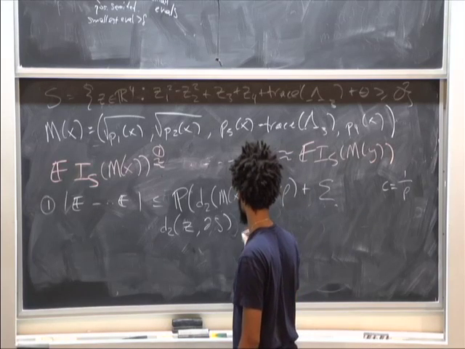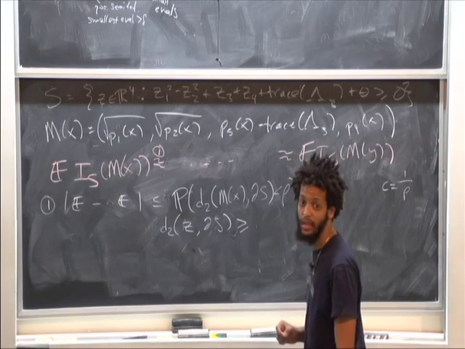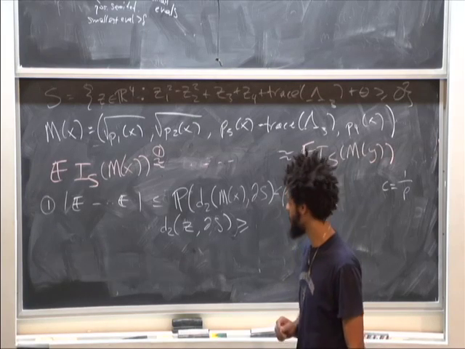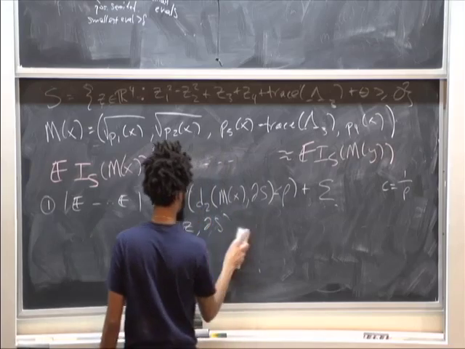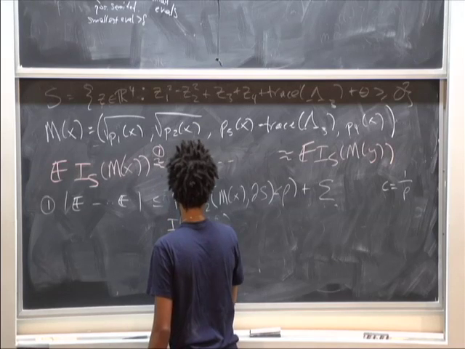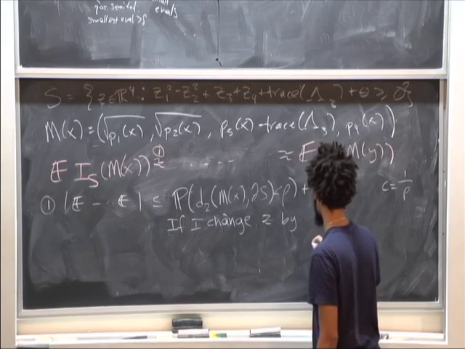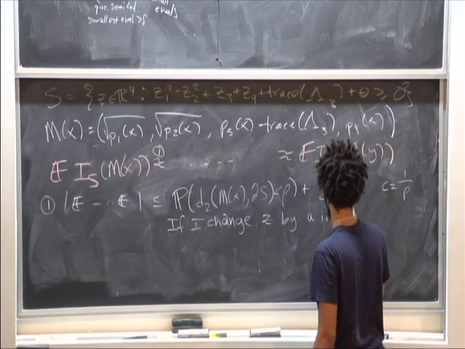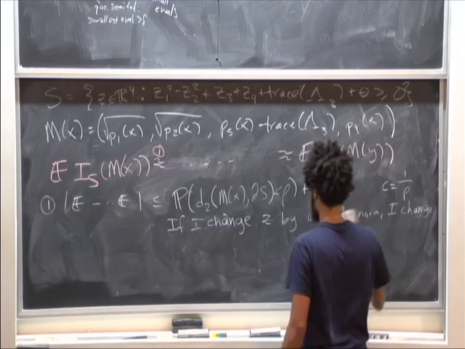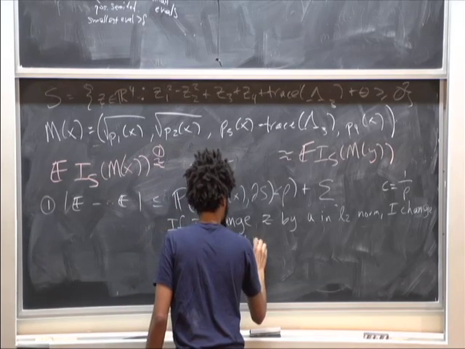Basically, do you use a union bound over different coordinates? Wait, what do I want to do? Let me think for a second. Okay, let me write out what I'm thinking. If I change z by u in L2 norm, I change each zi by at most u.